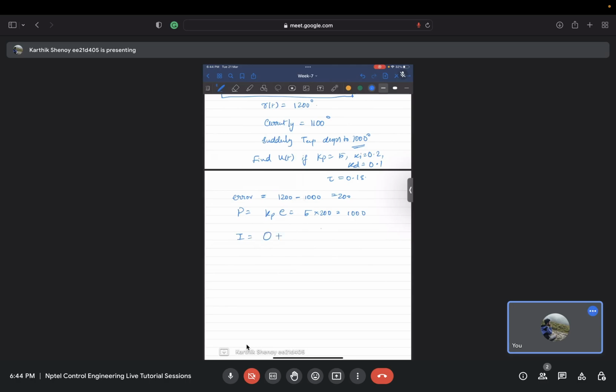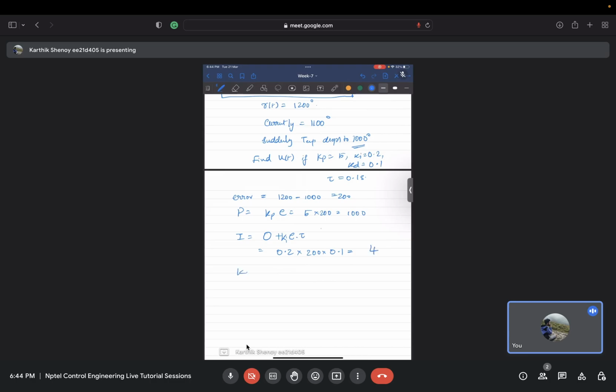So the previous plus error times sampling time, that is Ki times 200 times 0.1, which will be equal to 4.